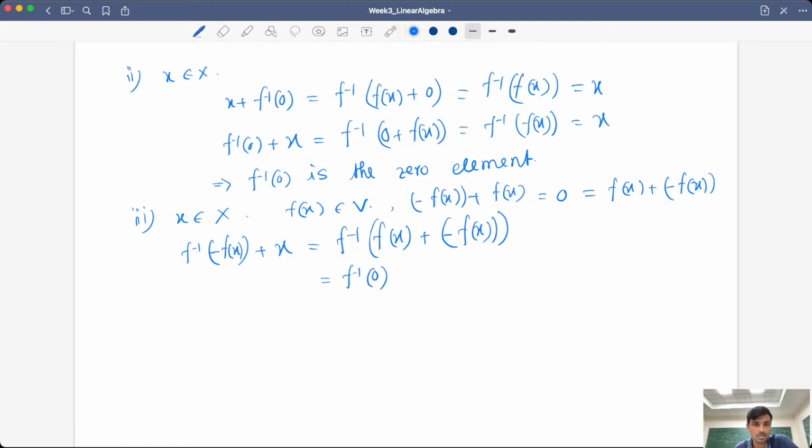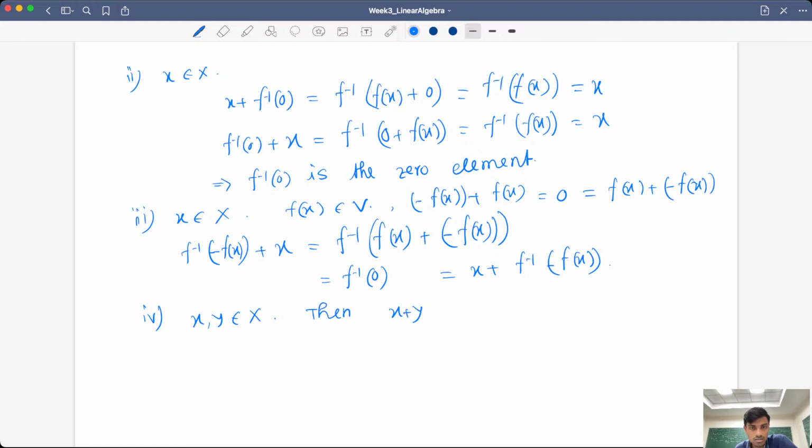Similarly we also get that this is same as x plus f inverse of minus fx.